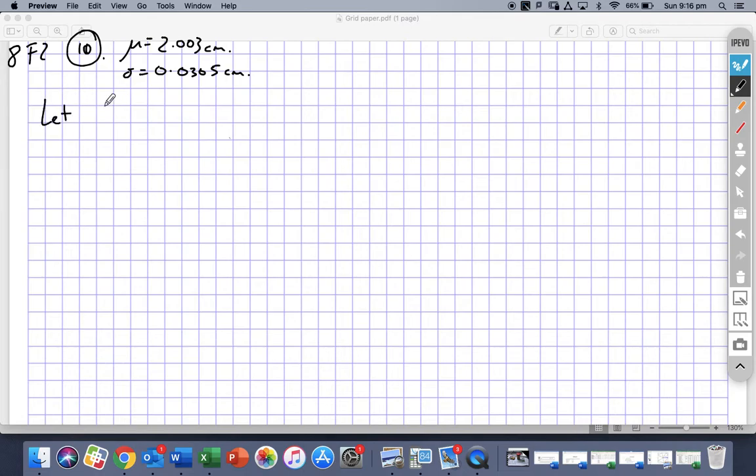Let Y be the number of tokens with diameter greater than 2 centimeters. Now, why is this binomial? Because you're either greater than 2 centimeters or you're not, right? And Y would be distributed as binomial. We've got 3 tokens.